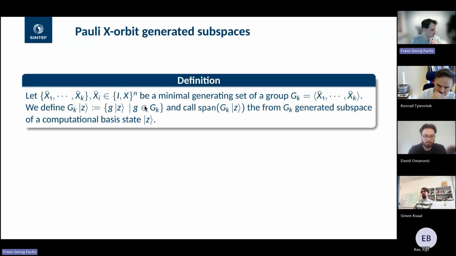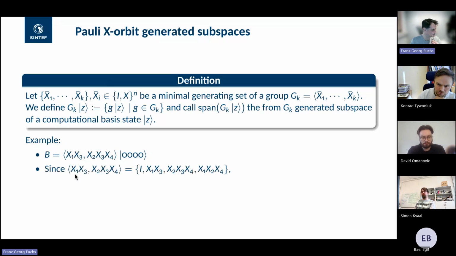Before we go into the theorem, a quick definition. I think the best is to just look at an example. We call these the Pauli X-orbit generated subspaces, which have a very specific structure. Let's say it's given by the group generated by x1, x3, and x2, x3, x4, applied to some state.